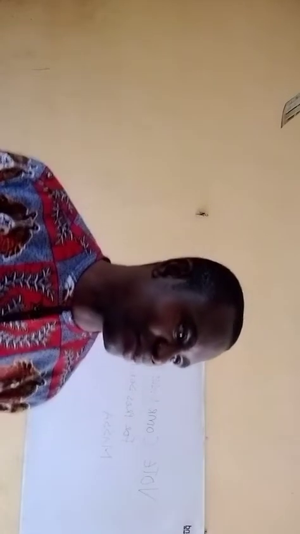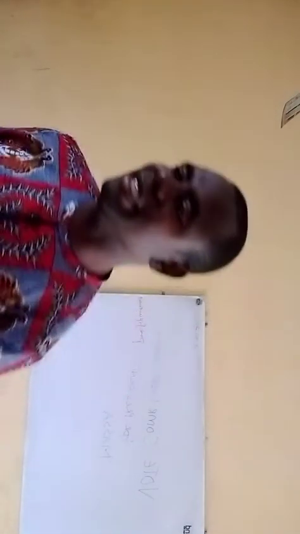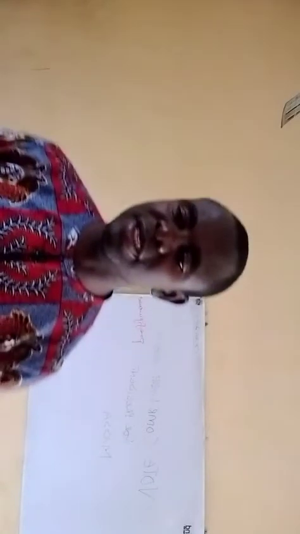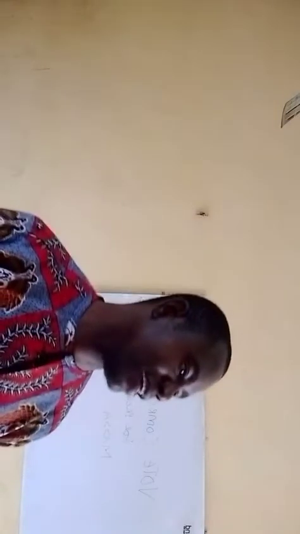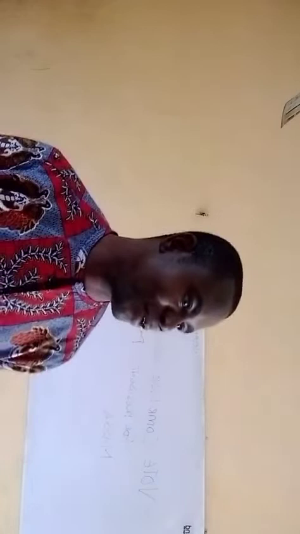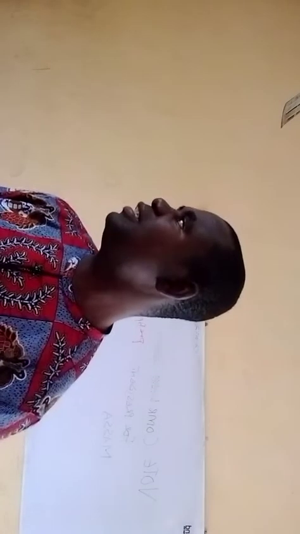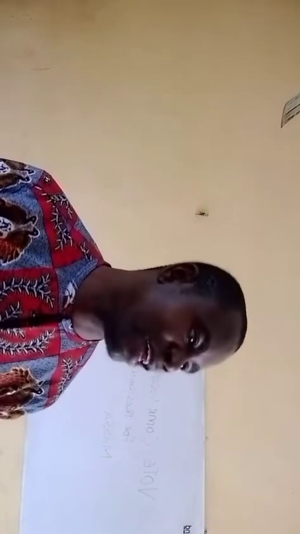Okay? Verbal irony is seen in terms of the opposite of what the character or a person has said. Verbal irony is an expression which means the exact opposite of what has been said.